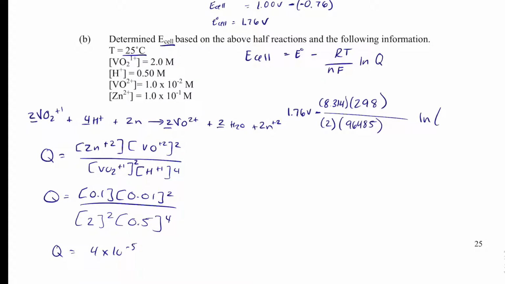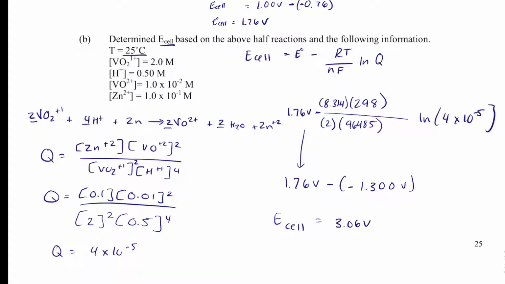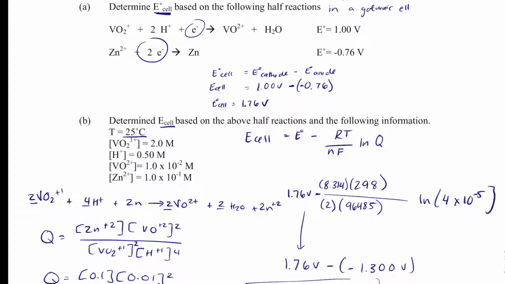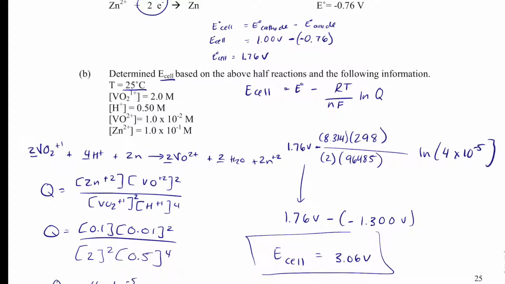So here is our math, and what this simplifies to, I know my work is a little bit sloppy here, I apologize. It's 1.76 volts minus negative 1.300 volts, and our E cell is going to be 3.06 volts. Okay. So let's see why this makes sense.